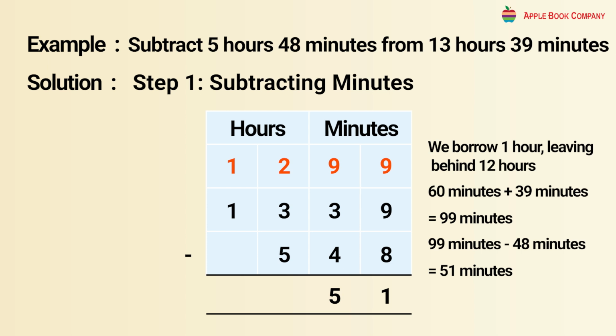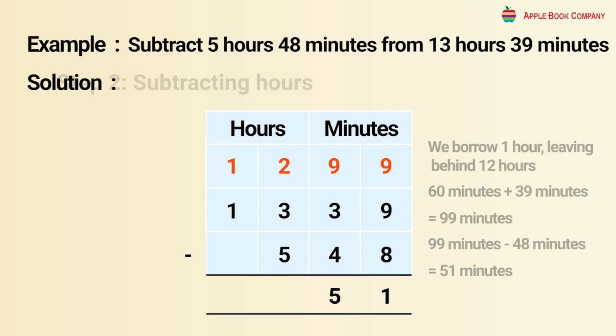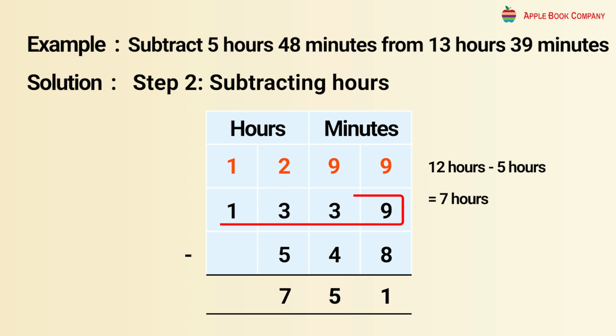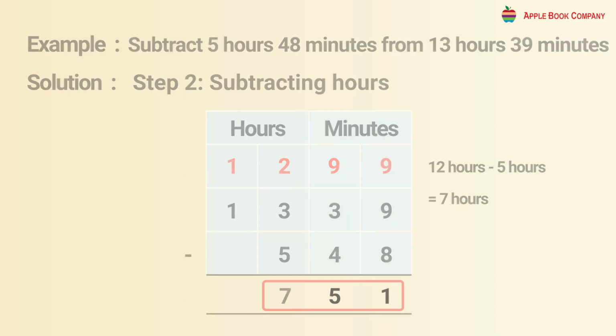Write 51 under minutes column. Step 2. Subtracting hours. 12 hours minus 5 hours equals 7 hours. Write 7 under hours column. Therefore, 13 hours 39 minutes minus 5 hours 48 minutes equals 7 hours 51 minutes.